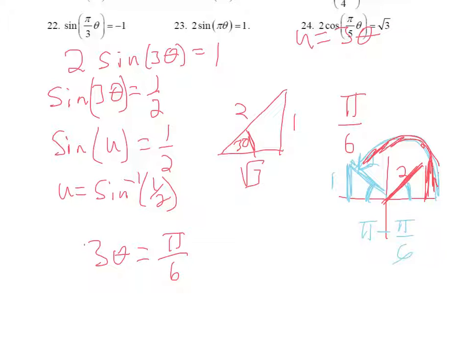So that's 5 pi over 6. So I know that 3 times theta also has to equal 5 pi over 6.